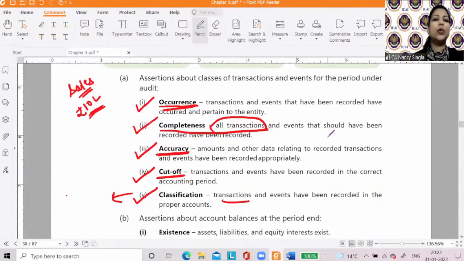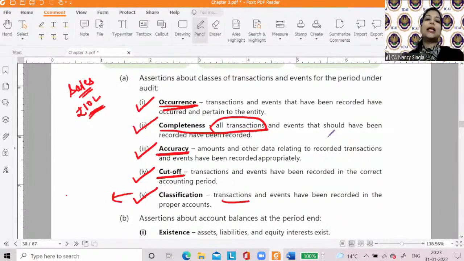No, sales is equal to 10 lakhs. So whether all transactions have been included, this is implied. Whether it has been shown correctly or not, this is implied. Whether it pertains to the current year, this is implied. And whether it is duly and properly classified, they have not shown other income in sales, so this is implied. You would not assume that other income has been shown as sales. No. What will you assume?